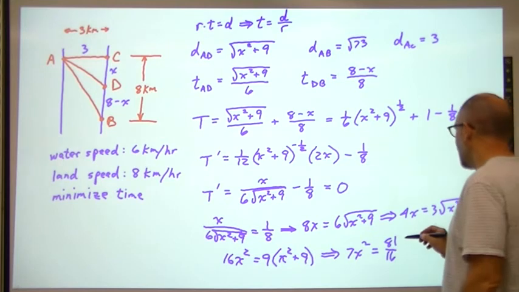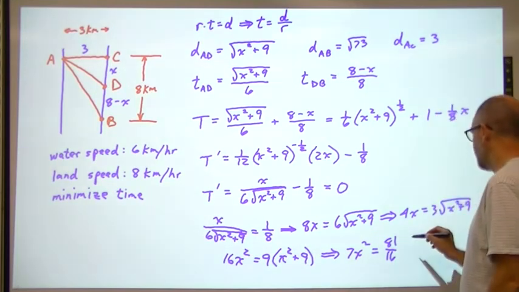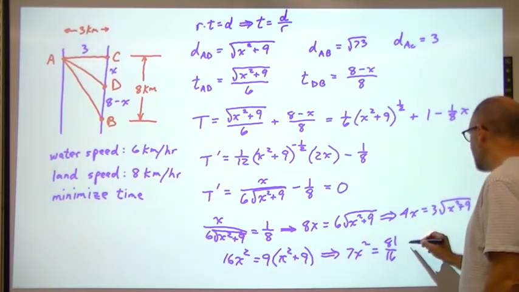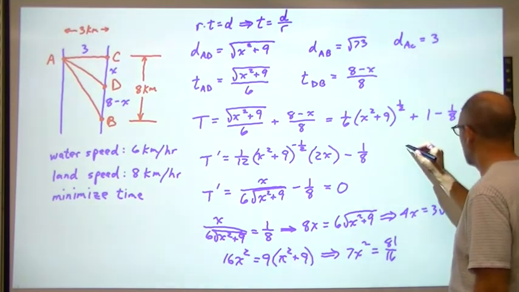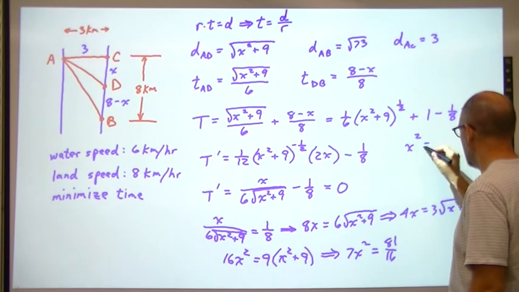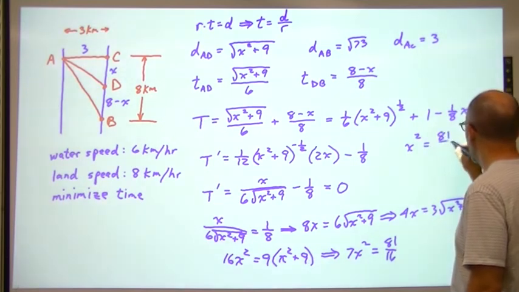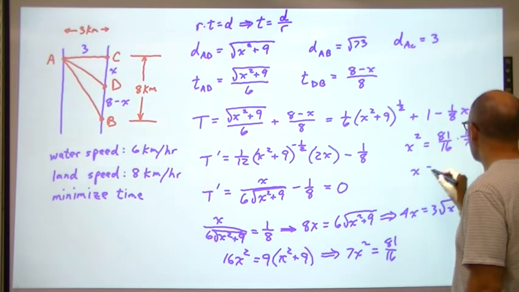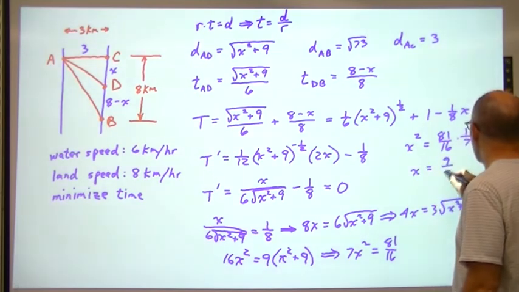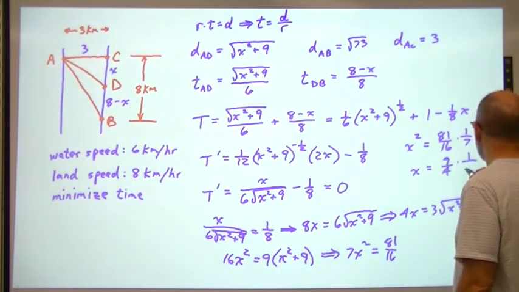So that means x squared equals 81 16ths times 1/7. That means x is going to equal 9/4 times 1 over the square root of 7.